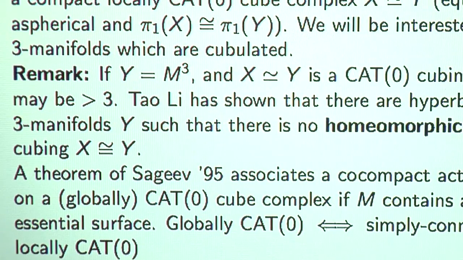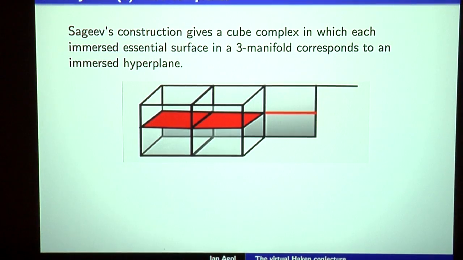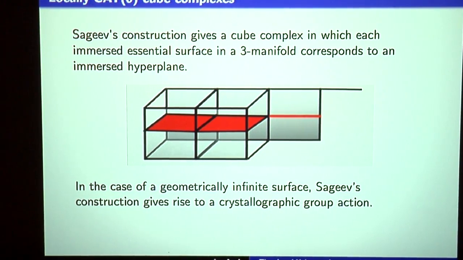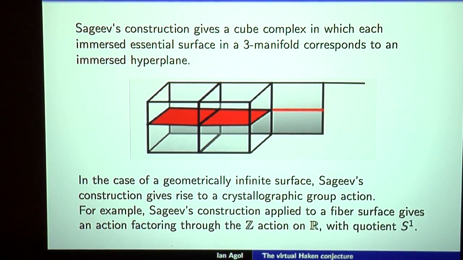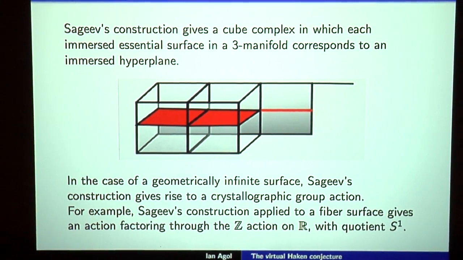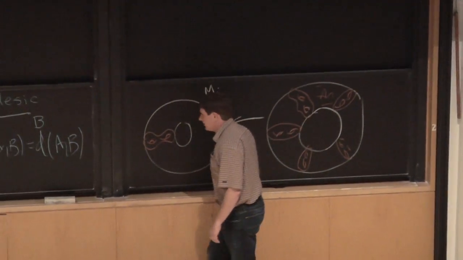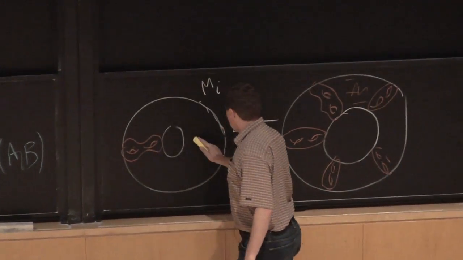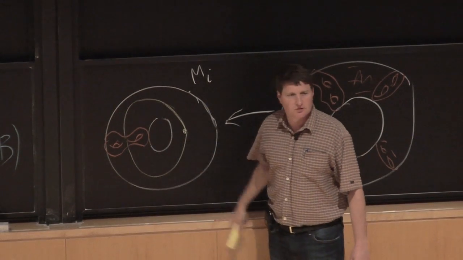So this also generalized various theorems. Sageev's theorem can be pretty well understood if you have a geometrically infinite surface. There you get a crystallographic group action, or even more specifically, if you have a three-manifold fibering over the circle, well, now pretend this is a fibering. What does Sageev's construction give here? Well, it's really, again, just a form of Poincare duality where the cube complex is really just a circle that intersects the surface in a single point.